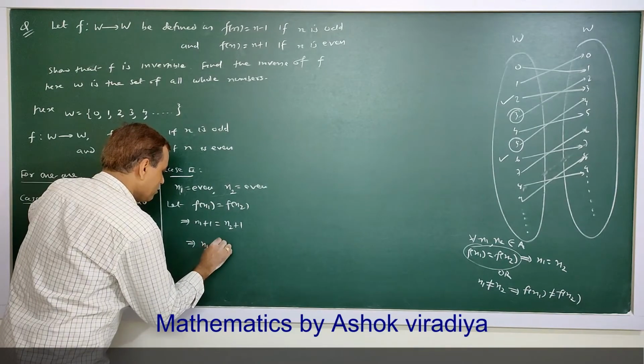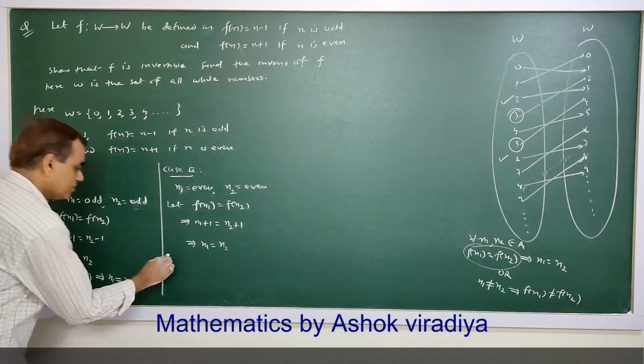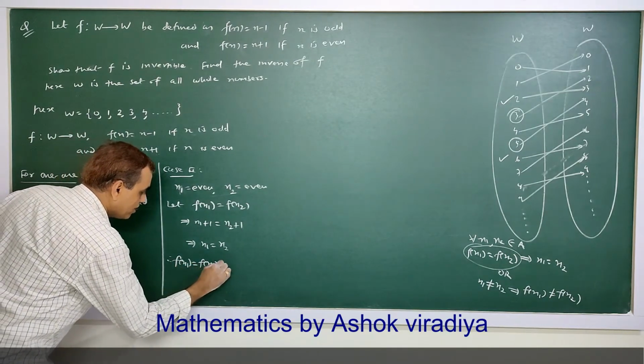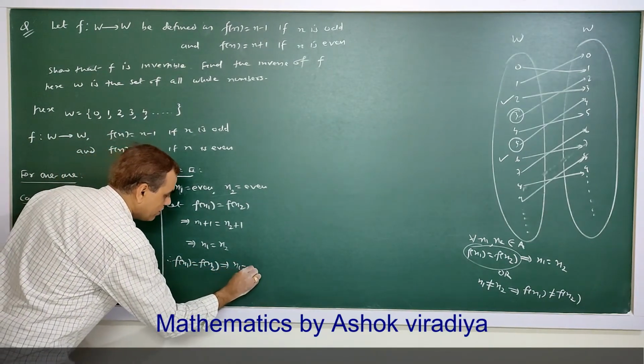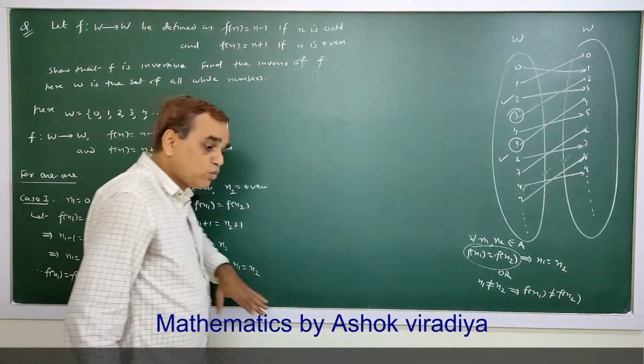So n1 equal to n2. So here also f of n1 equal to f of n2 implies n1 equal to n2. So in case 2 also it is proved 1-1.